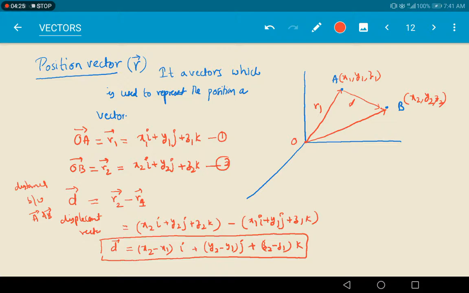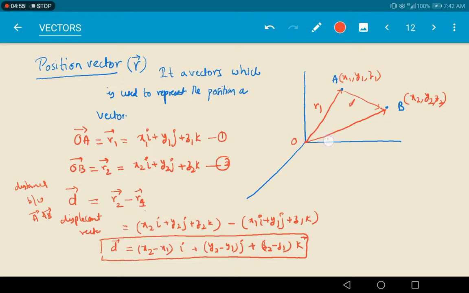Here the position vector gives information about the position of a point in space. The displacement vector gives the distance between the 2 points. That means if A moves to B, how far it has to travel is given by R2 bar minus R1 bar.